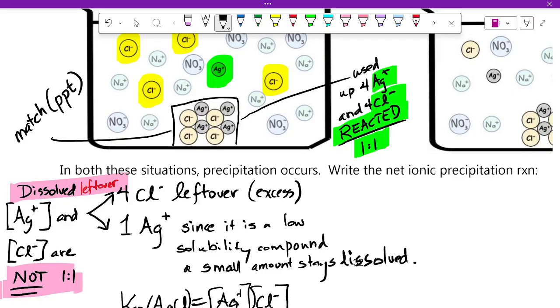And what is the concentration of Cl? Concentration of Cl is 4. And the concentration of the Ag is 1. So that's going to equal 1 times 4 equals 4.